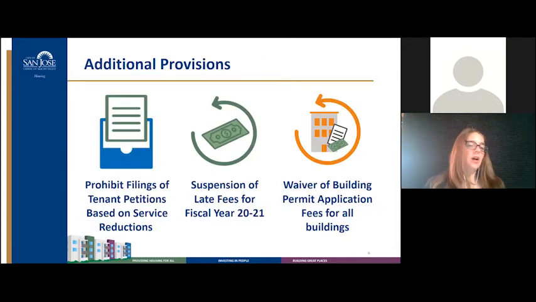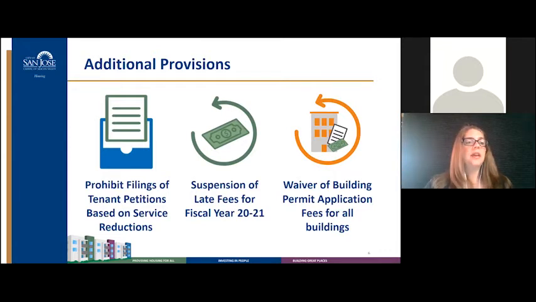The ordinance also provides some additional provisions that I wanted to go over with you. The ordinance precludes service reduction claims based on the closure or elimination of recreational common areas that resulted from closure orders that came from the county public health orders.